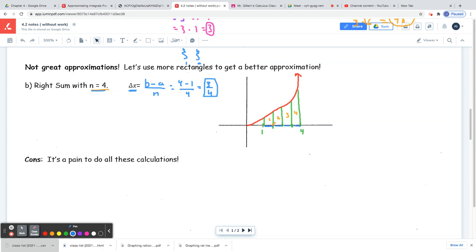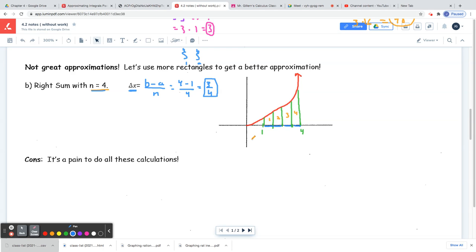So that means this base here, that distance there, that distance there, that distance there is all going to be 3/4. The next thing, once you find your delta x, is you need to know these x coordinates, because we are going to plug those in for x to find our heights. So you just do 1 plus 3/4, and keep adding 3/4 until you get to 4.